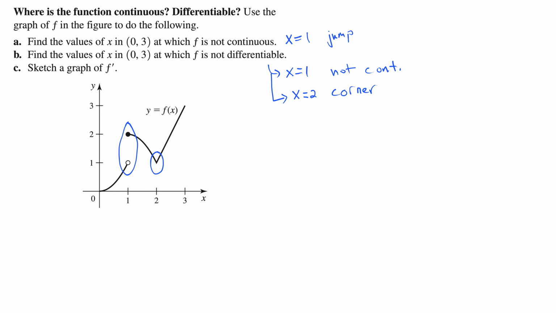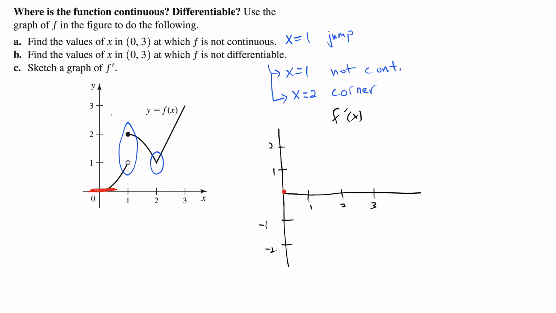Okay, part C asks us to sketch a graph of f prime. So the way we do this is we look at specific points in the original graph and look at the slope of the tangent line, and that helps tell us what the derivative is. So here, right at the origin, it looks like that slope goes to about 0. So this graph over here on the right is f prime of x.